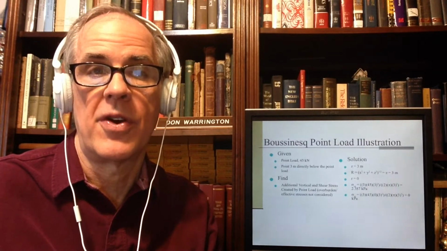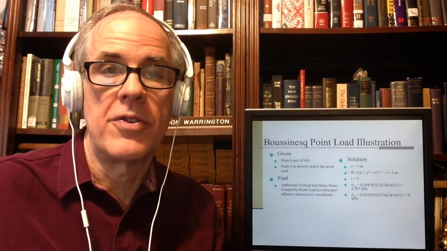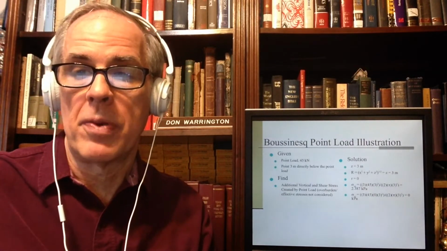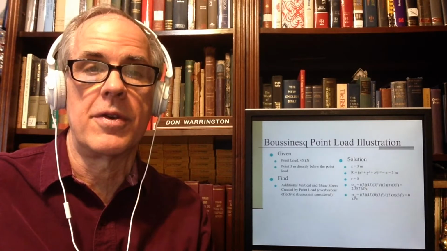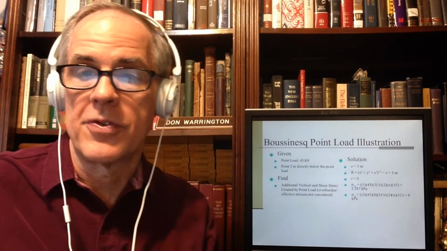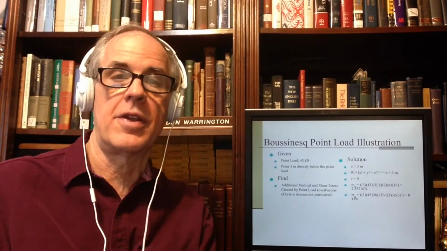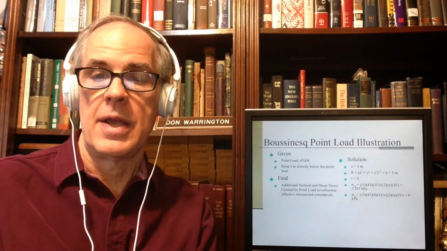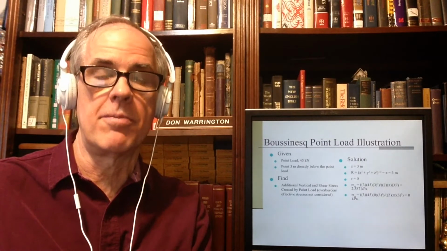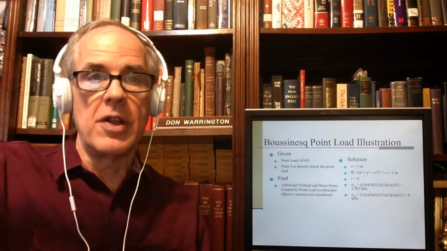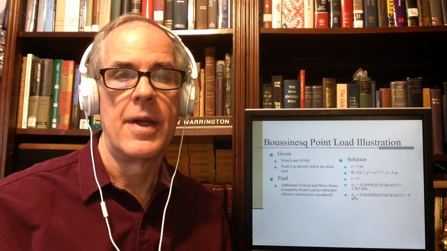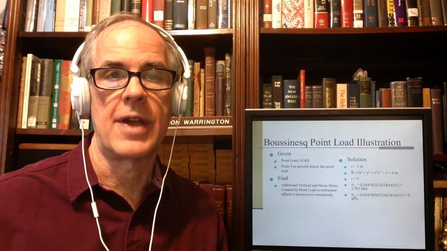Because x and y are 0. r is equal to little r is equal to 0. So we just plug and chug the equations, and we get 3 meters. The stress is 2.387 kilopascals, and the shear stress is 0, as I said. But directly below the center of the load, the shear stress is 0, and that's something we're going to see repeated more than once with these types of stresses.